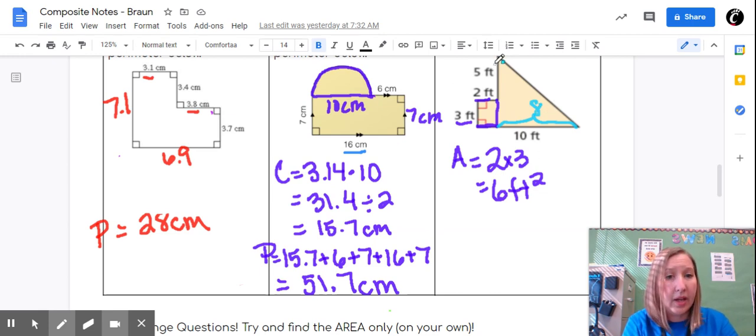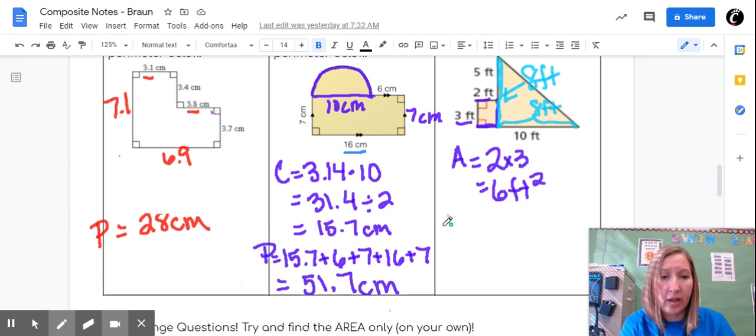And then I want to look at the height of my triangle, and I know from here to here is 5. And then if I keep going, I have another 3. So the height of my triangle is also 8 feet. So I have a base and height, both of 8 feet.